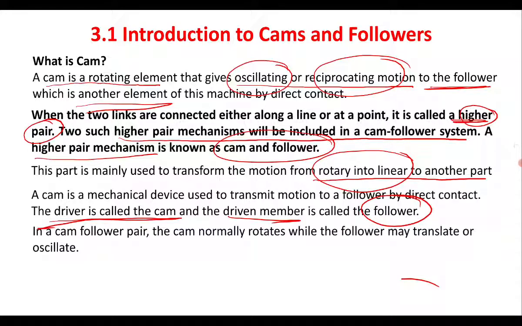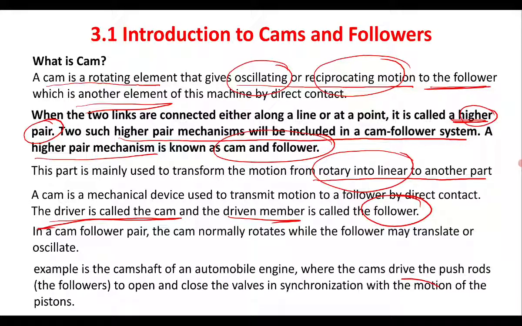In a cam follower pair, the cam normally rotates while the follower may translate or oscillate. An example is the camshaft of an automobile engine where the cam drives the push rods, which is called the follower, to open and close the valves in synchronization with the motion of the pistons.